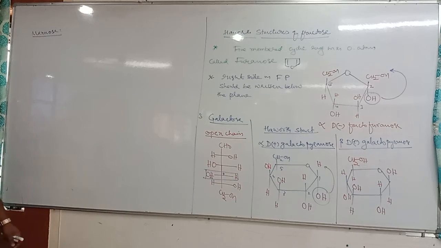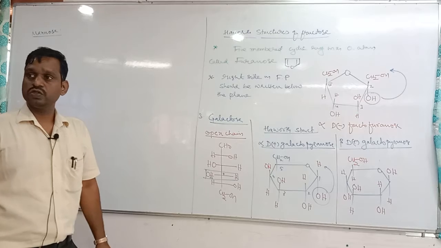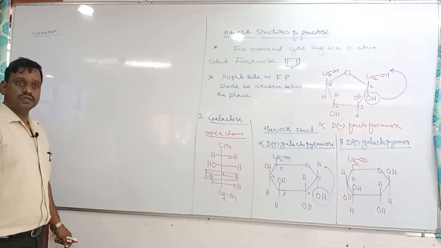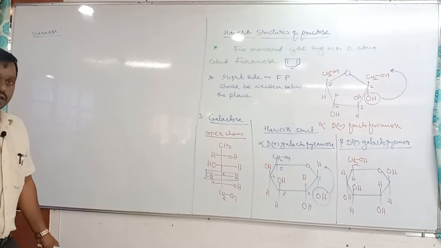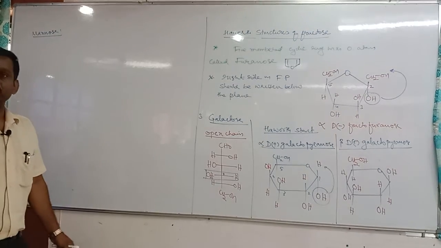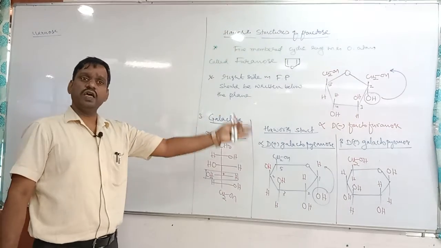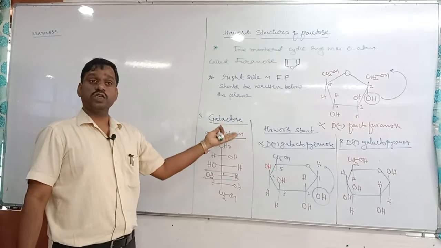What is the relation between alpha-galactose and beta-galactose? Epimeric, anomeric, or both? Anomeric. Alpha and beta is always anomer. How come epimer? Epimer means galactose and glucose are epimers.